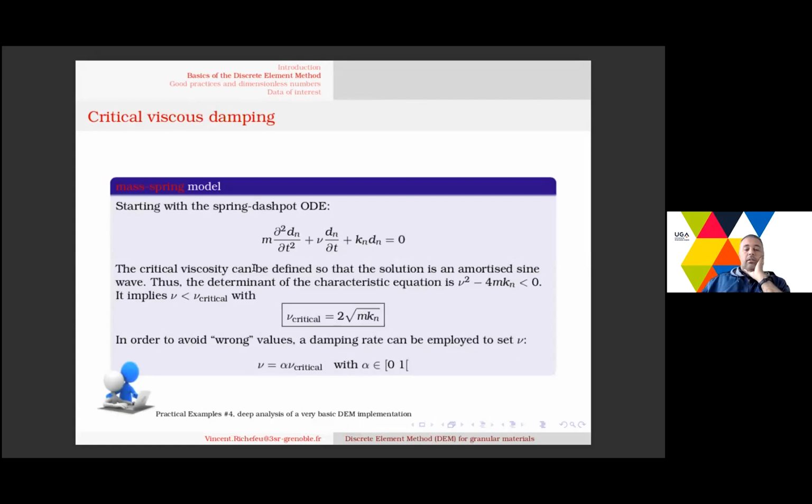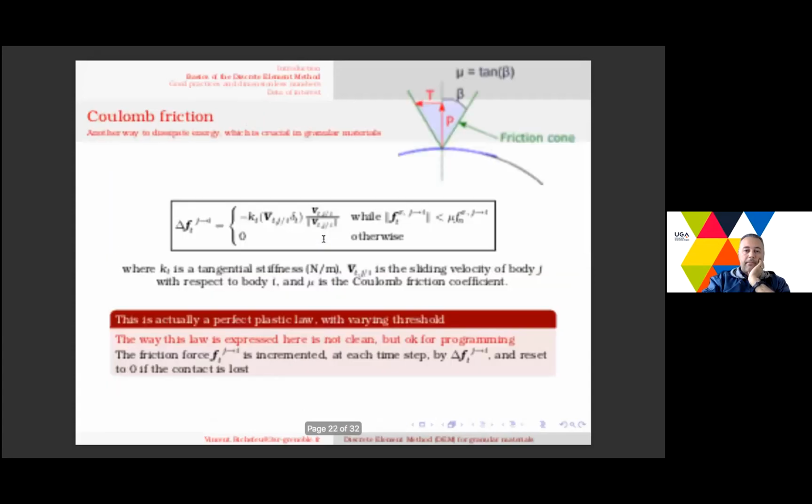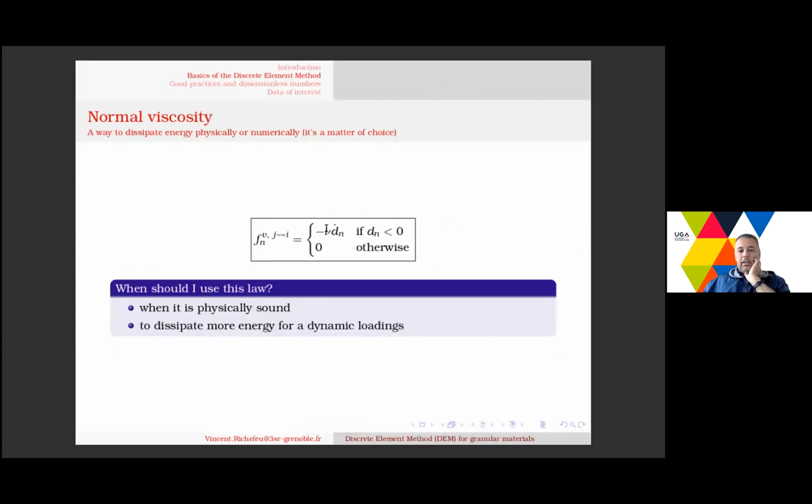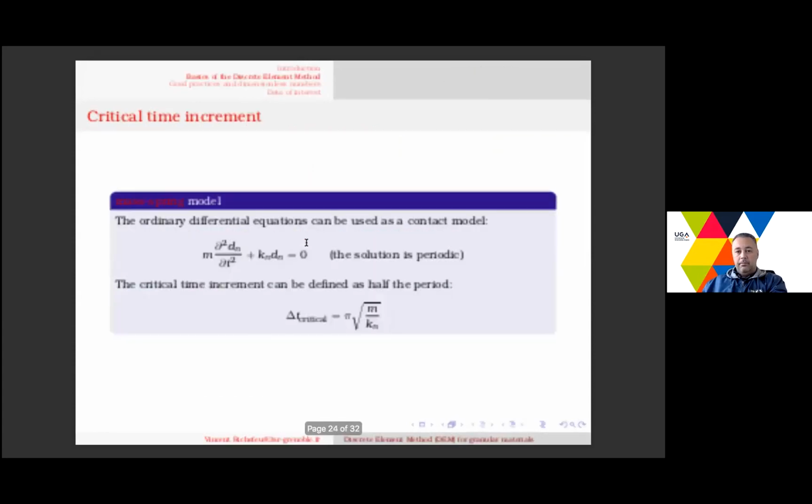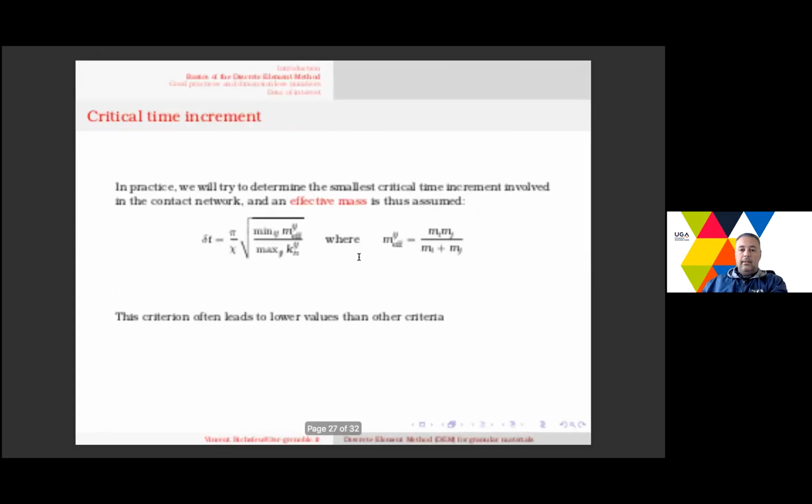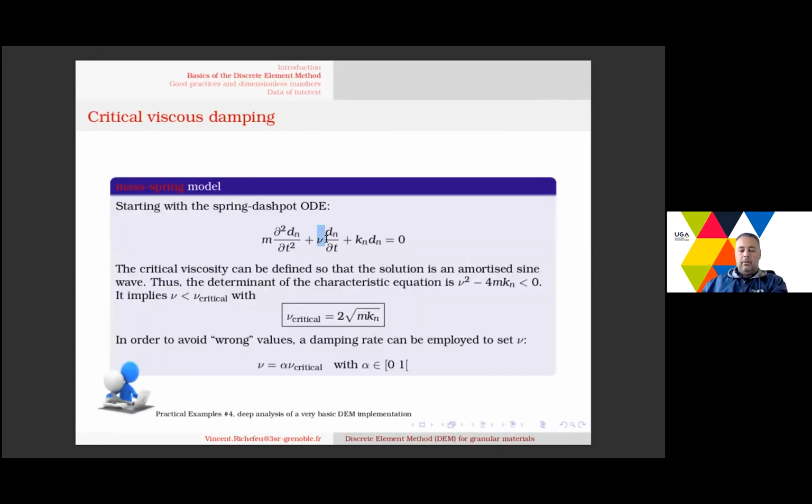Now we also need to set the viscous parameter, which is used if you use viscosity here. If you use this kind of law, you've got a viscous force in the normal direction. You will need to set the viscous parameter. To do so, we consider the ODE with a damper, and we consider that we should have a damped sine as a solution to be correct.